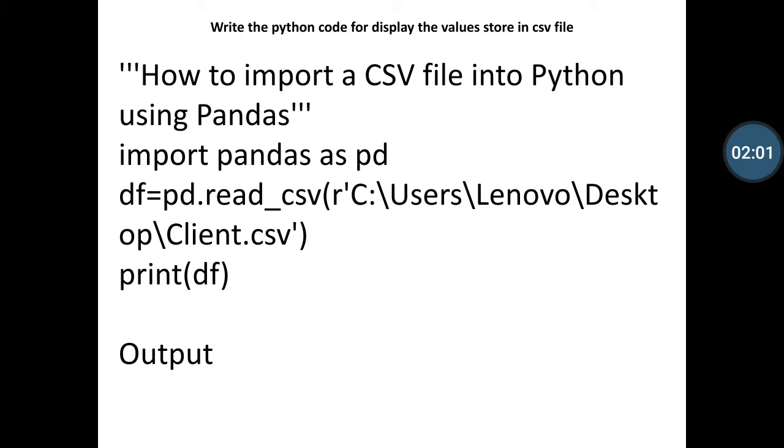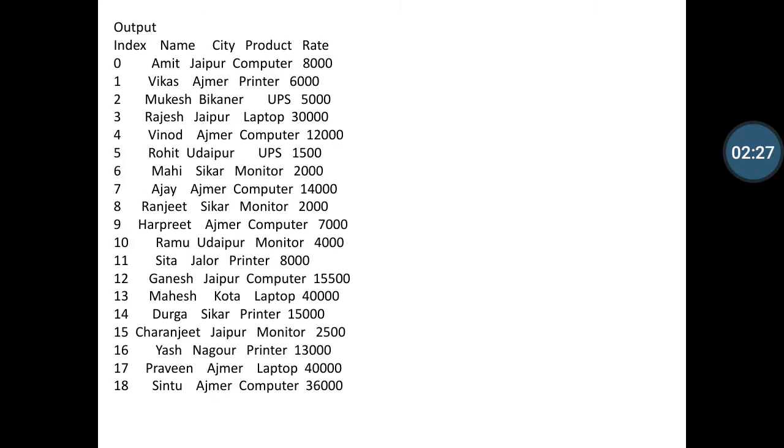You can see in the slide the path is defined here. It shows client.csv. Then I use print(df) to display the records in the data frame, and the output is in the next slide. You can see the output here.